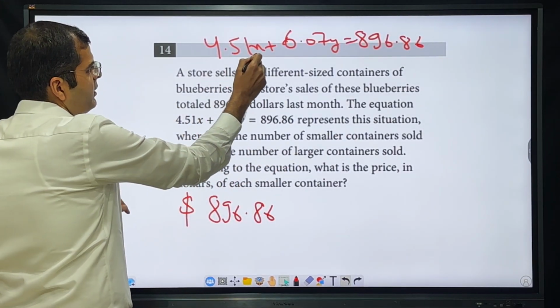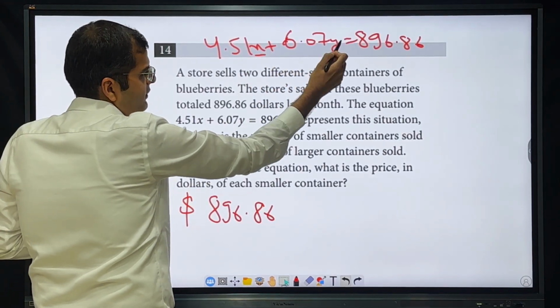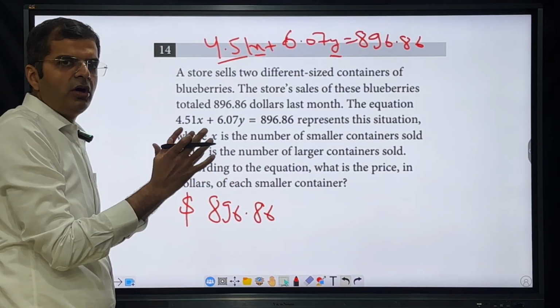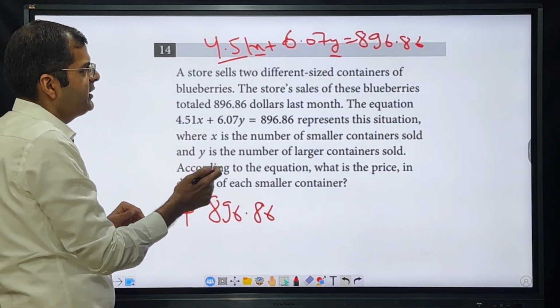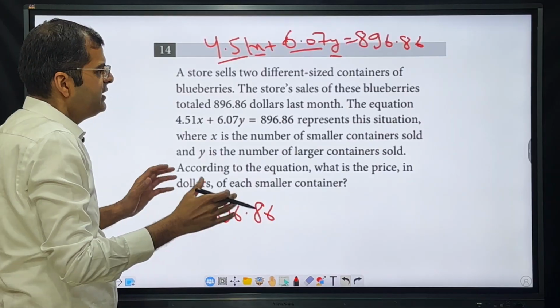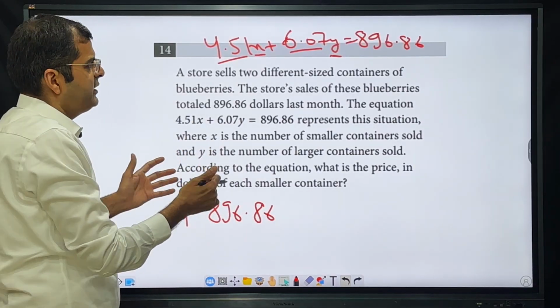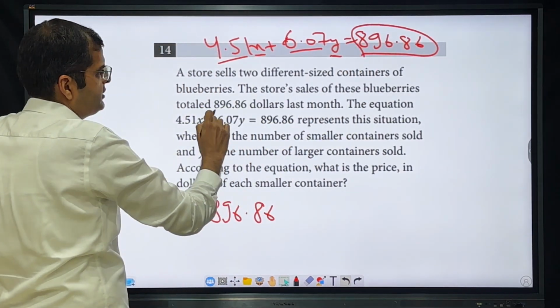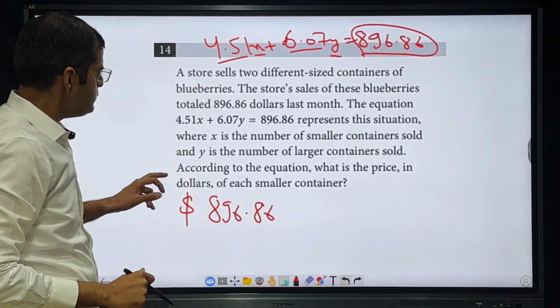So that means 4.51 is the dollar amount of one small container, and 6.07 is the dollar amount of one larger container. You add them and you get a total of $896.86, which was the total sales.